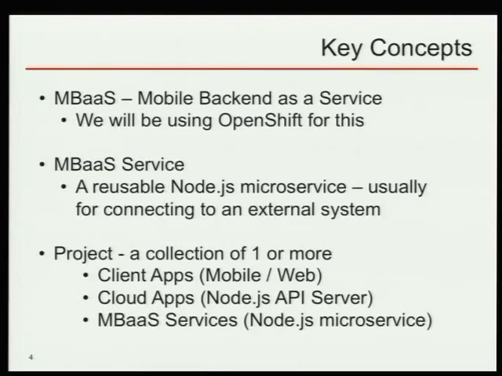So for example, a connector into a CMS system, or a connector into an order database, or connecting to external systems like Twilio or Google or Salesforce. Today we're going to be playing around with 3 MBaaS services, and we're going to be fronting them with an API server, and we have a little application that we're going to be using.